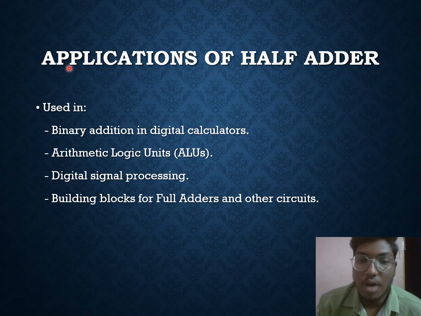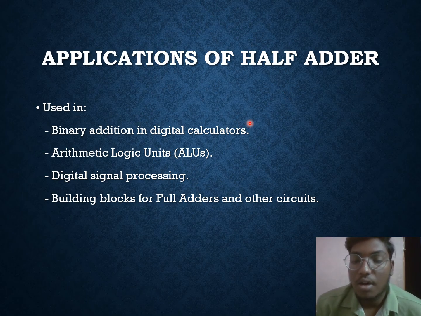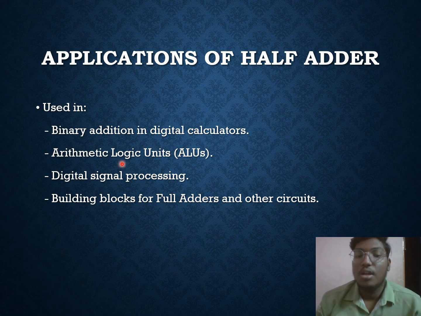Let's discuss applications of the half adder circuit. This is used in binary addition in digital calculators. Without the half adder circuit and adders, a calculator does not add two numbers. This is also used in arithmetic logic units in microprocessors, microcontrollers, etc. In microcontrollers and microprocessors, there is an ALU which is used to calculate the physical address of the locations in which the data is stored.